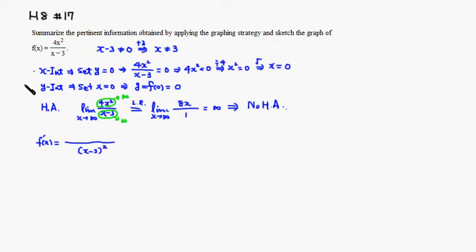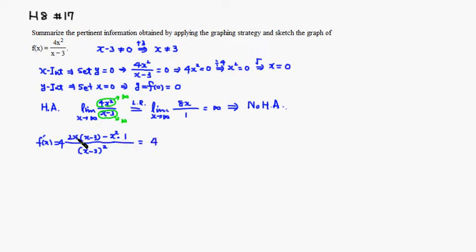And for the top, 4 is just a constant, so I'm going to put 4 out here. The derivative of x squared is 2x, times the bottom, the quantity x minus 3, minus the top, which is just x squared, multiplied by the derivative of the denominator, which is 1. If you simplify that, 4 is outside.